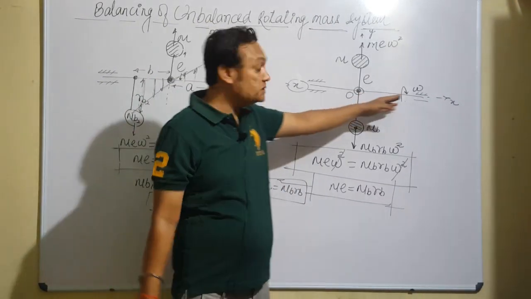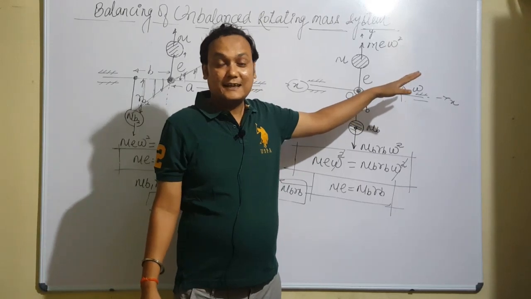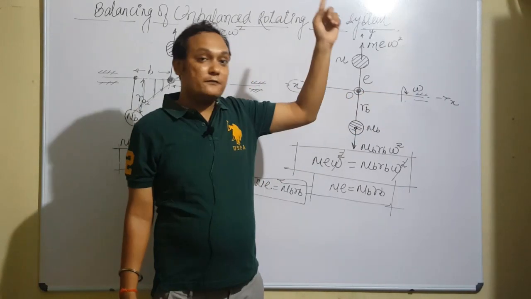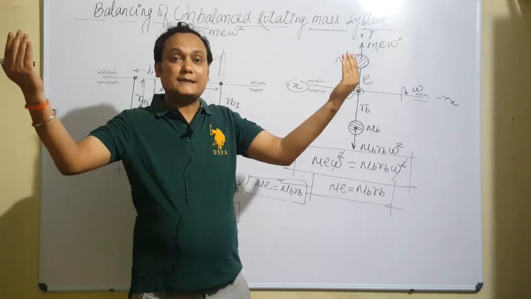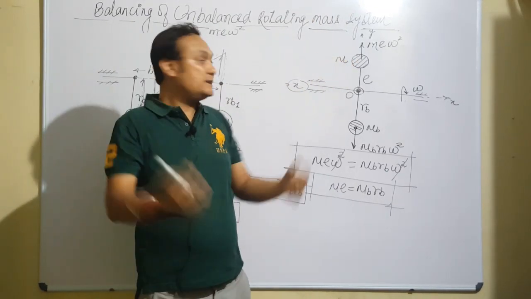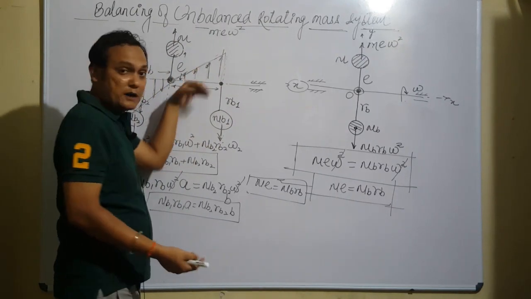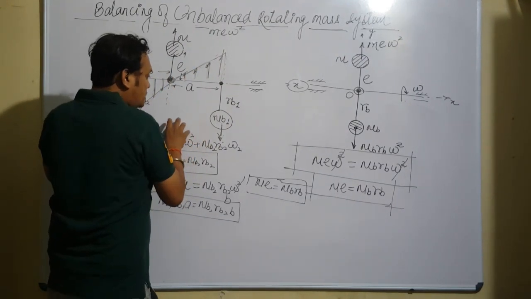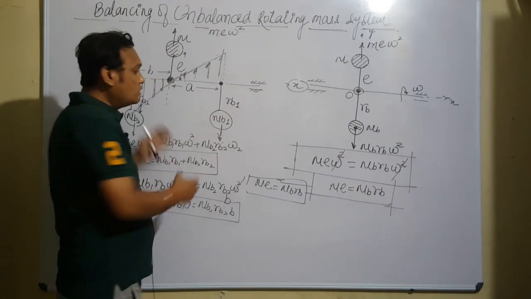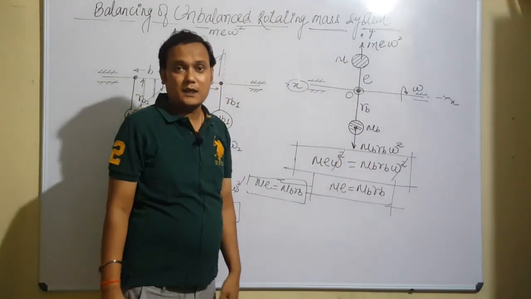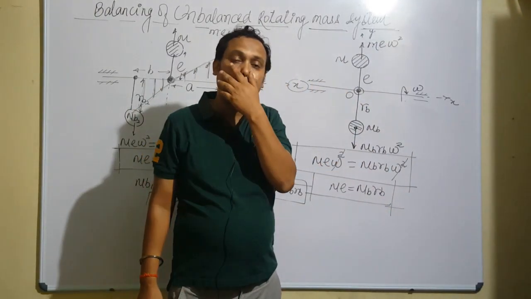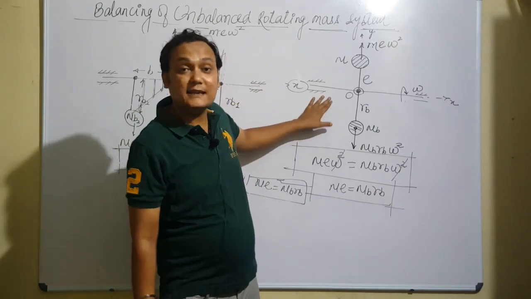But here that situation is not there. Here, because of static loading, because of the weight of the system, the reactions will come. Obviously that bending moment will be there. But this additional bending moment, which is coming because you are placing two balancing masses in two different planes, is additionally not coming in this case. So the system is balanced externally.